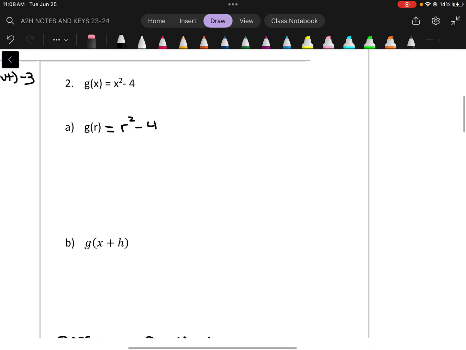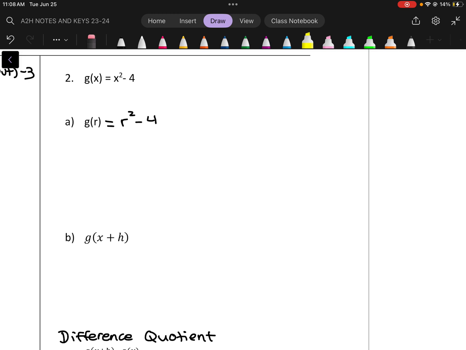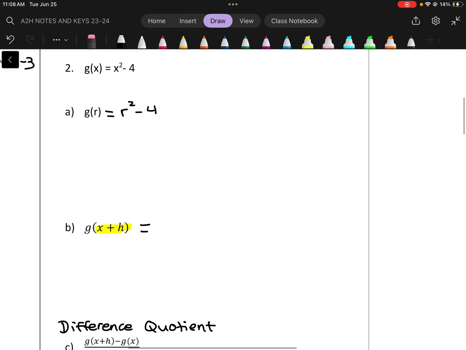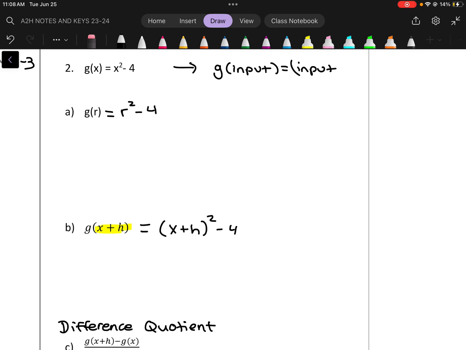No surprises there. Now, g of x plus h, most common thing people forget to do here, right, is square the entire thing, right? X plus h squared minus 4. Again, you can think of g of x as g of input is input squared minus 4, right?